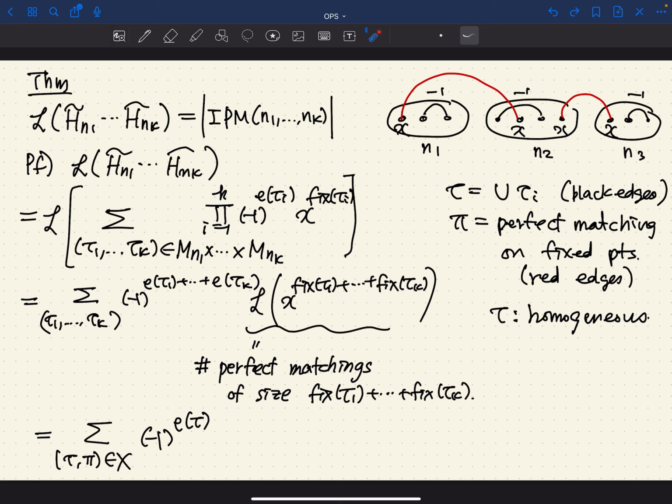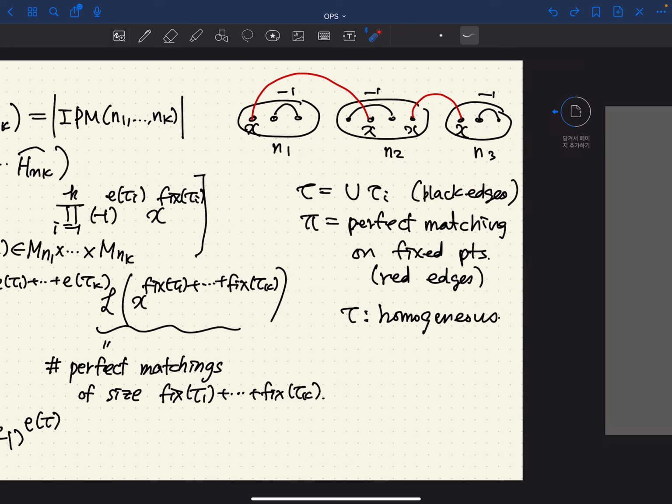So for instance, if you replace this by red, then it will be cancelled. But you cannot always change colors. For instance, you cannot change this into a black edge, because black is always homogeneous. So as long as you have a homogeneous edge, changing the color is always possible.